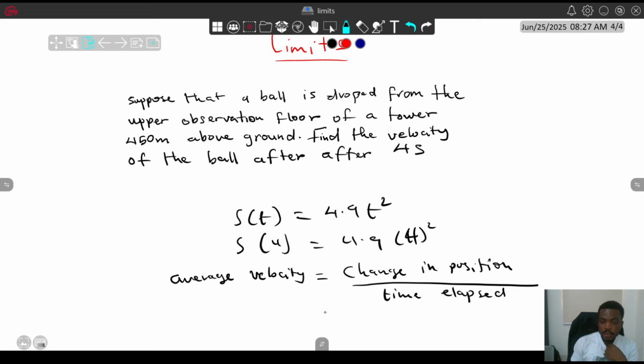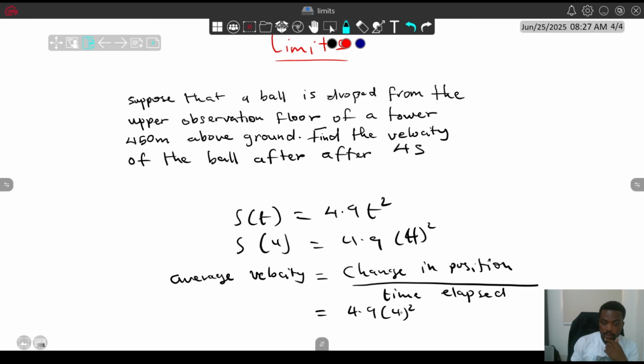So for the change in position, let's just choose a point 0.2 seconds after the 4 seconds. So we can say 4.9 times 4 squared.